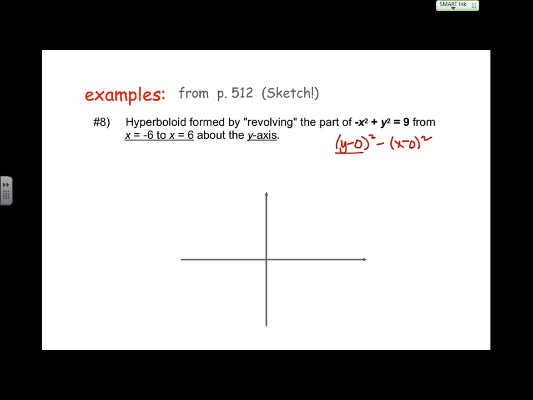Aren't we used to having a's and b's? Well, we can divide by 9. Isn't the standard form equal to 1, and that's how we get our a's and our b's? So divide both sides by 9, and then we have all the pieces we need to graph.